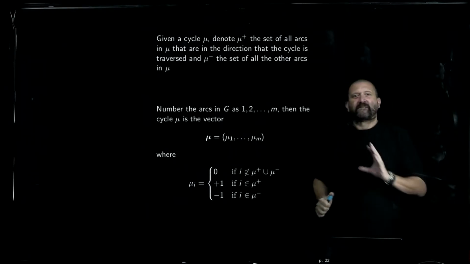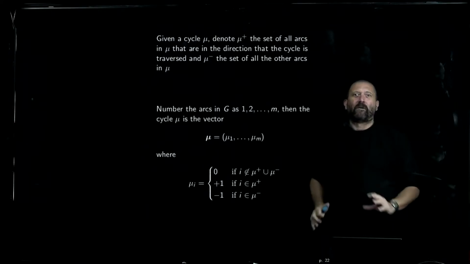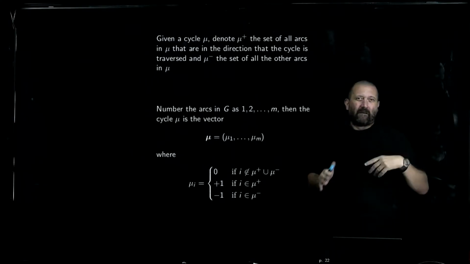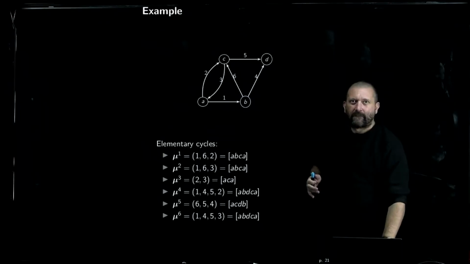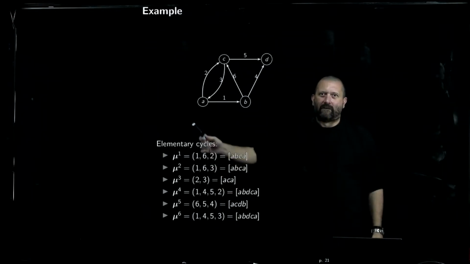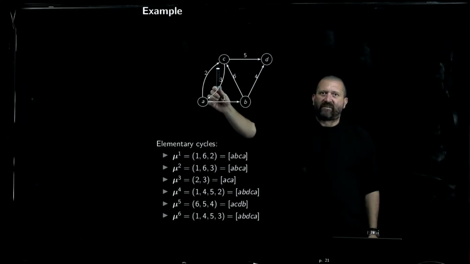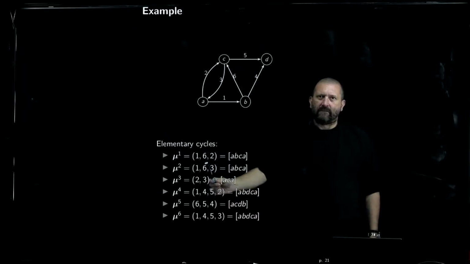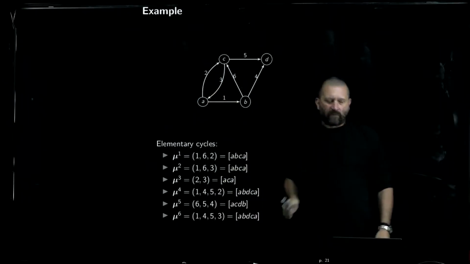I just mentioned that when I was following this first cycle here, A, B, C, A, I followed that arc, arc number 2, in the wrong direction.